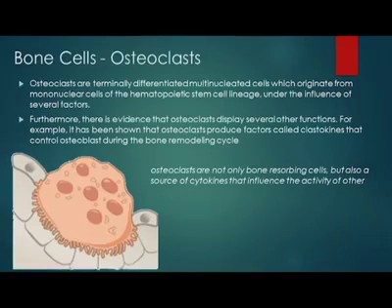Furthermore, there is evidence that osteoclasts display several other functions. For example, it has been shown that osteoclasts produce factors called clastokines that control osteoblasts during the bone remodeling cycle.